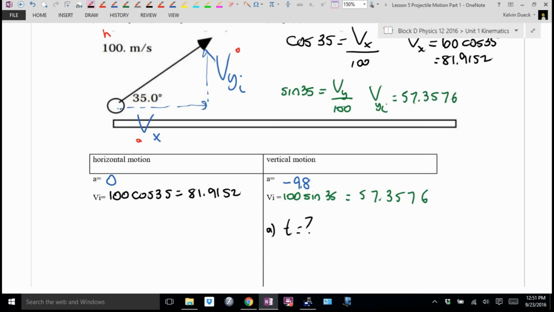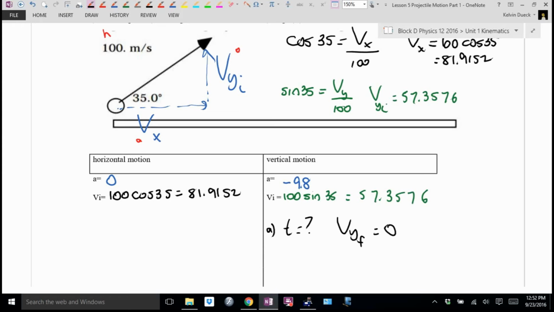What was that? Vy final at the top. I got to be careful because Vf is not 0 at the top. It's still moving sideways. But vertically, components are independent. You're telling me, and you'd be right. So Cassidy, I'm looking for an equation that has A, Vi, Vf, and T in it.